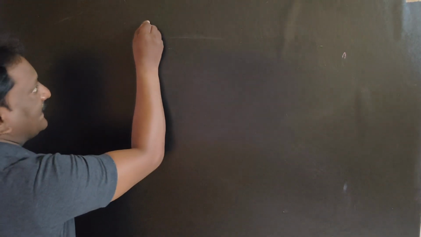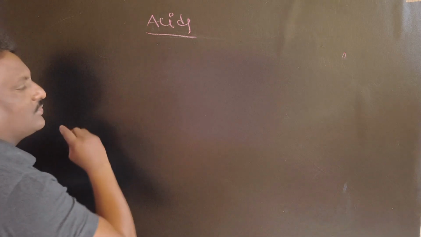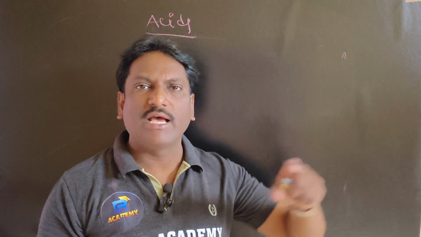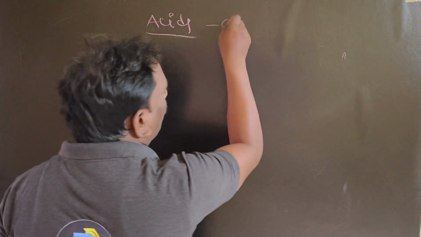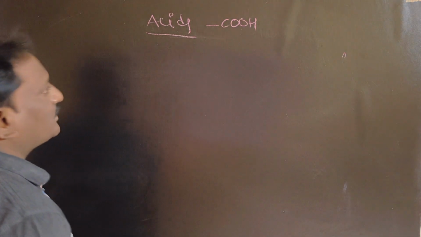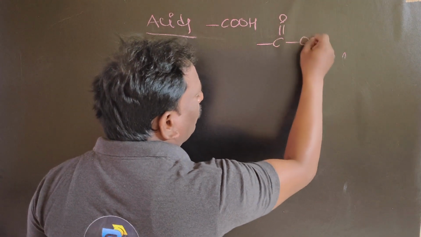Now let us move on to the homologous series of acids, carboxylic acids. Acids are also called carboxylic acids. Carboxylic acids are those that consist of the COOH group. You can write the COOH group like this: C double bond OH.